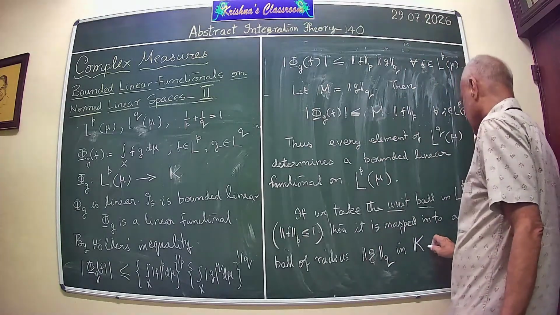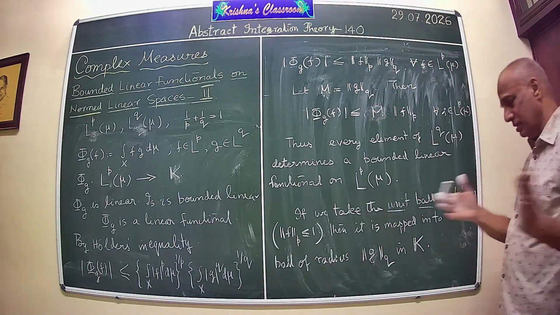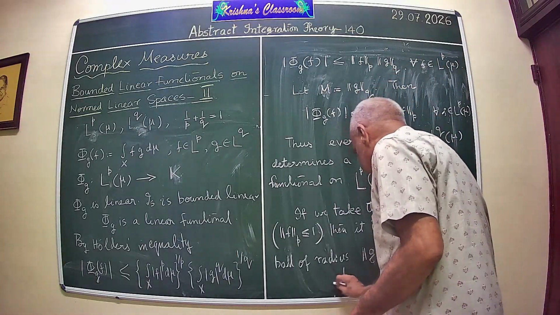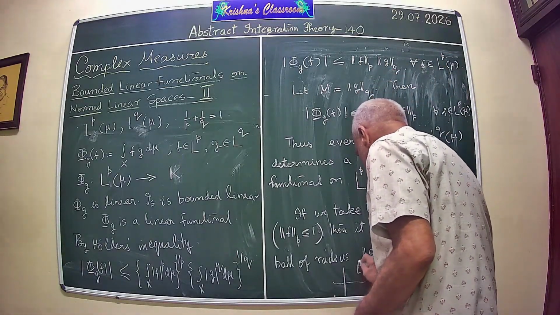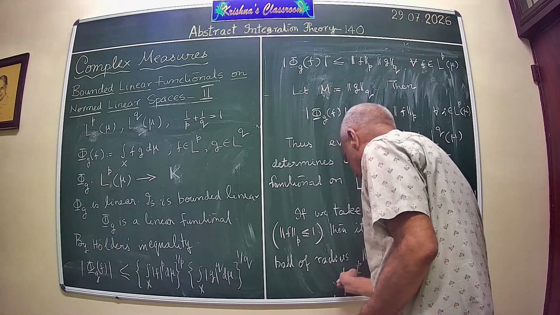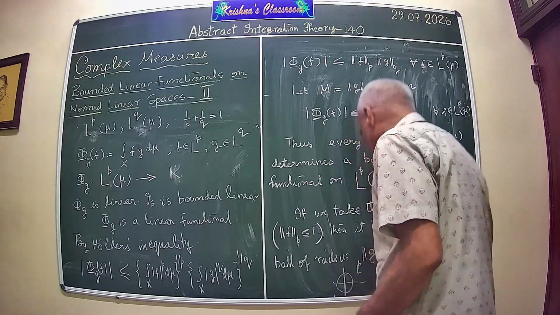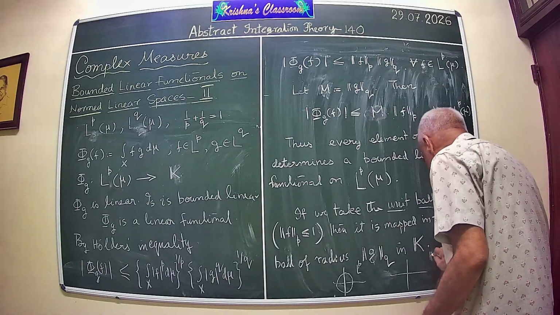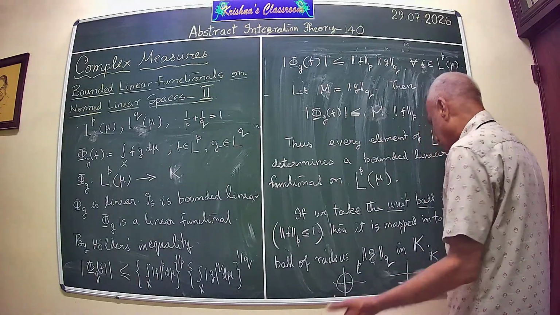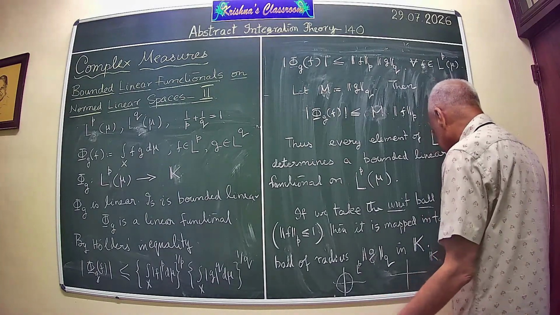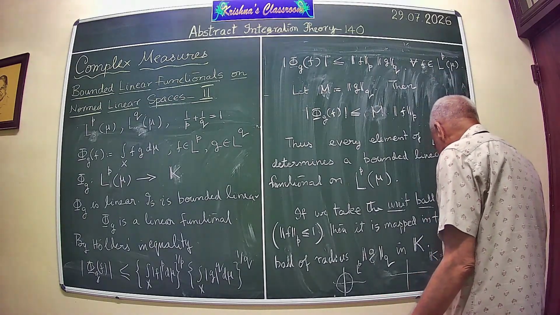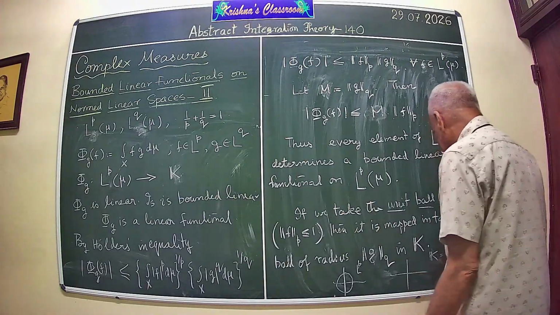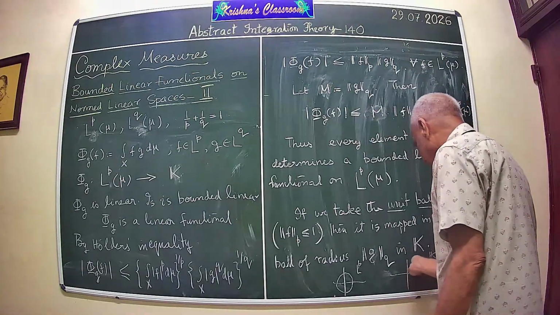So this is what you get, the geometry of this map. That means this is the following. Take the unit ball here, and then this is your K. K is either the real line or K equal to C or R. If it is C, then this is the picture that you have.